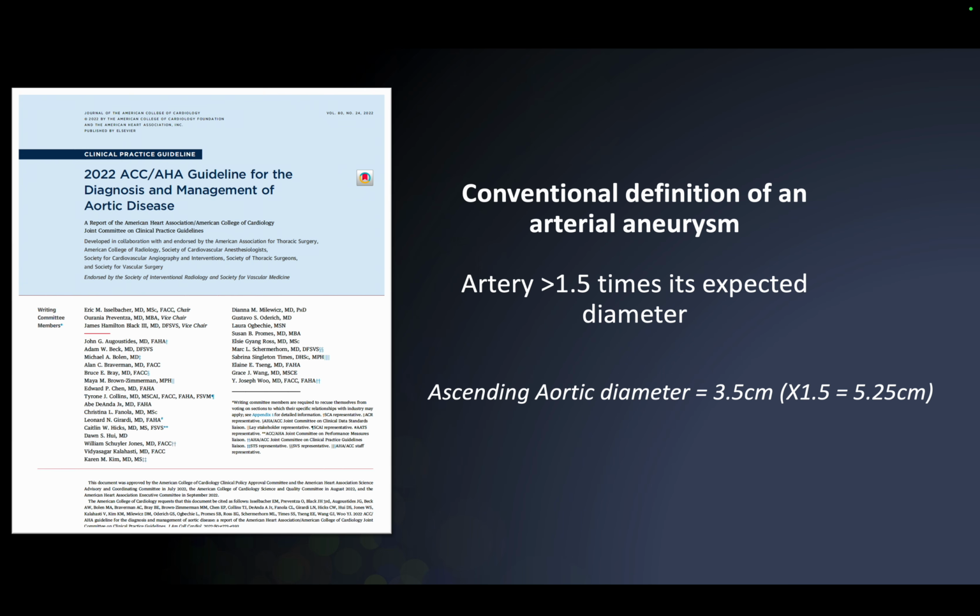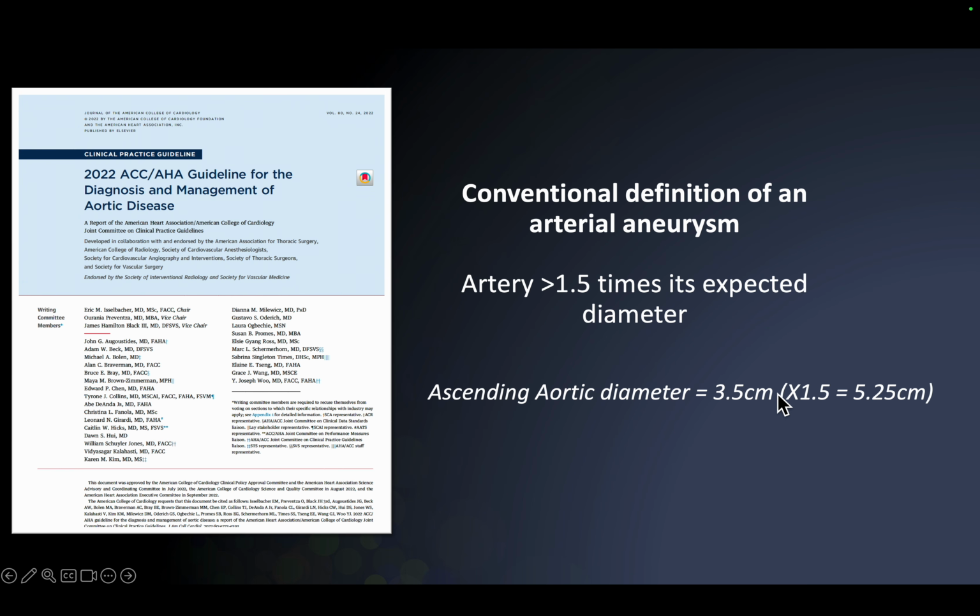And you may ask, what is the convention for saying aneurysm anywhere in the artery? Whether it's a cerebral artery, the peripheral aorta, or the subclavian artery, anywhere. By definition, an aneurysm should be 1.5 times the expected diameter of that particular artery. But this is not true in the case of ascending aorta diameter.